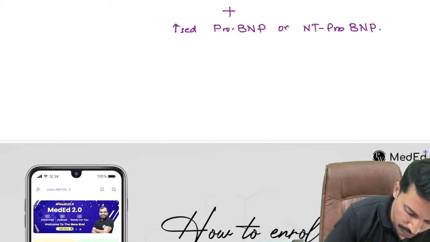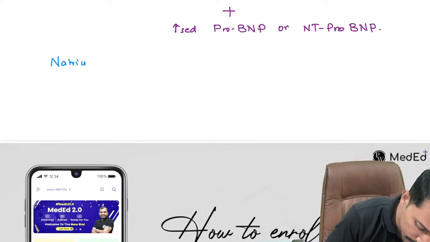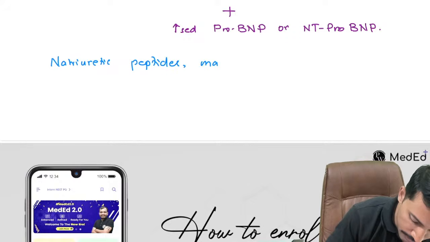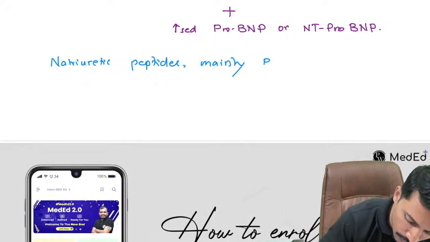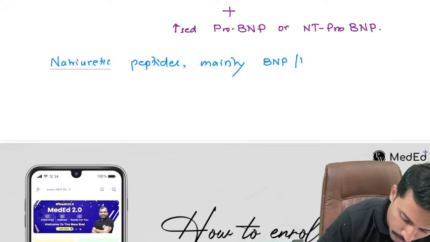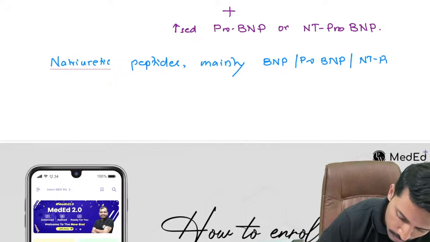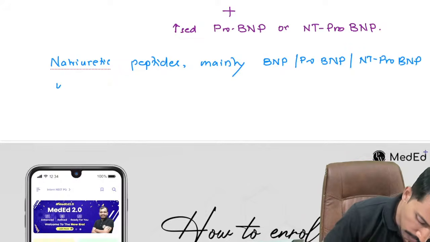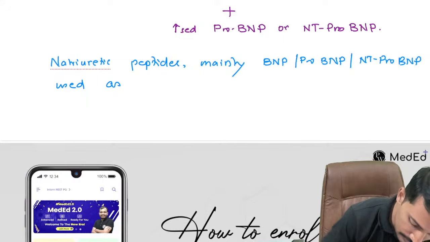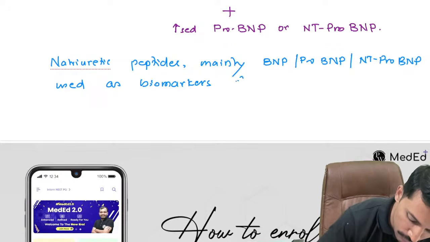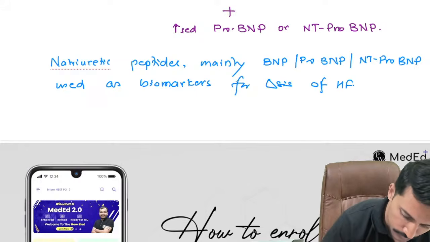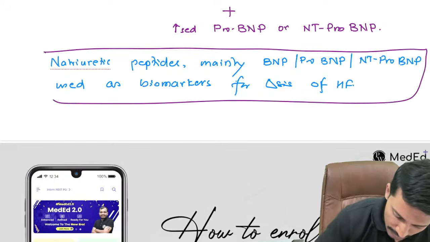So what you can write as a statement: natriuretic peptides, mainly BNP, pro-BNP or N-terminal pro-BNP, are used as biomarkers for diagnosis of heart failure. Okay. So that gives us one more mark.